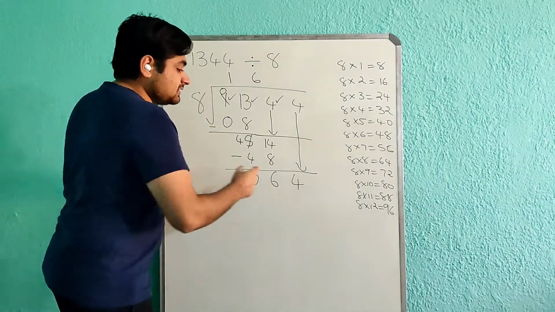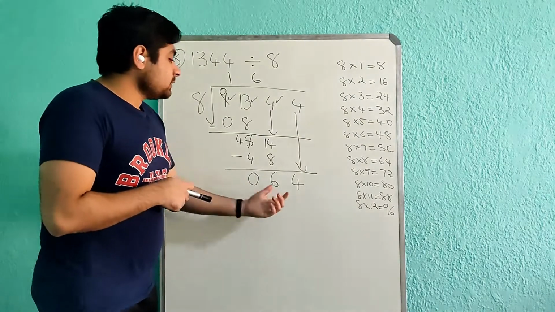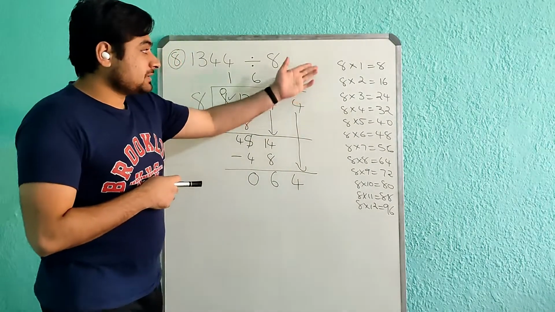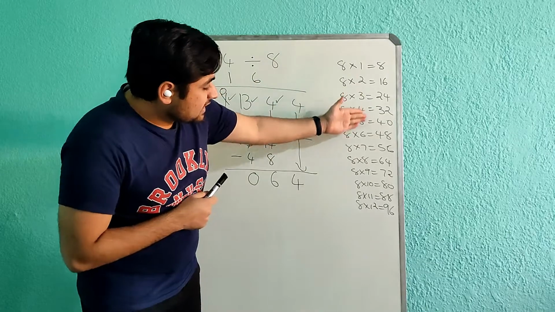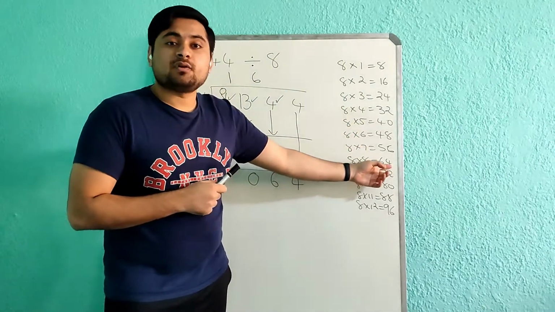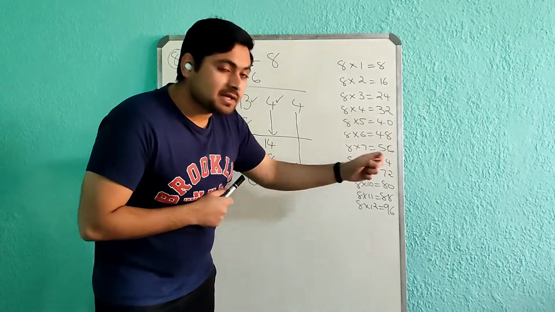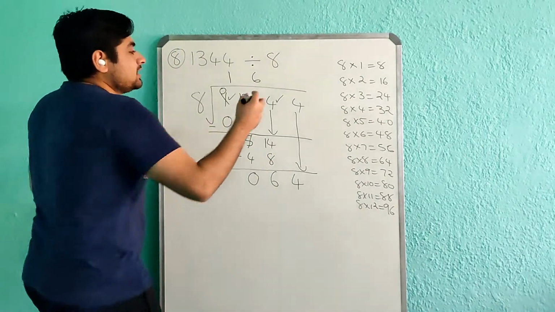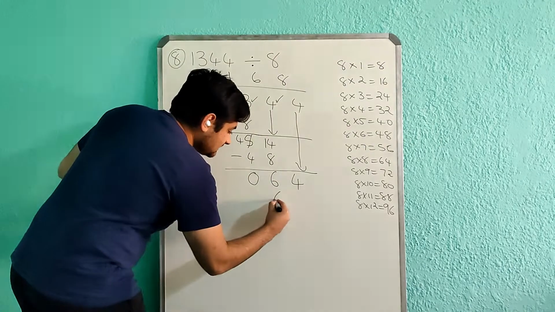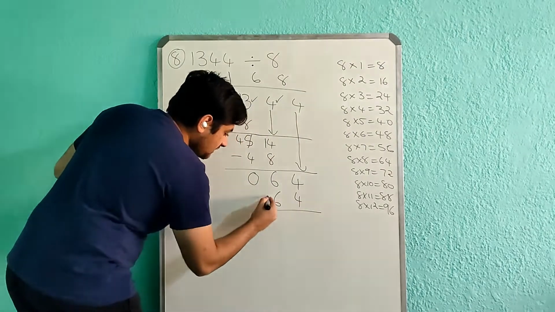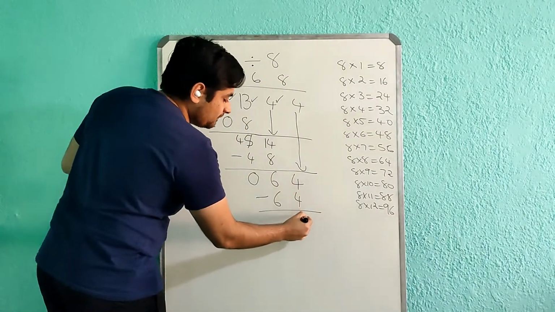So if it becomes 64, what is our question again? We ask ourselves, does 64 come in the table of 8? Let's start our search. And you can see there is a 64 in the table of 8. How many times? It comes 8 times, because 8 times 8 gives us 64. So it comes 8 times. 64. You put a minus sign. What is 4 minus 4? That's a 0.